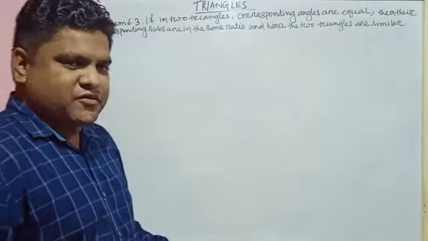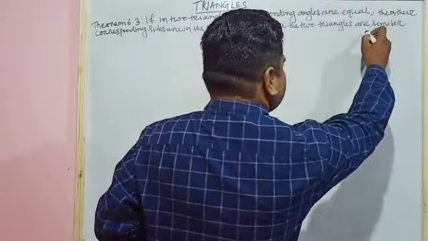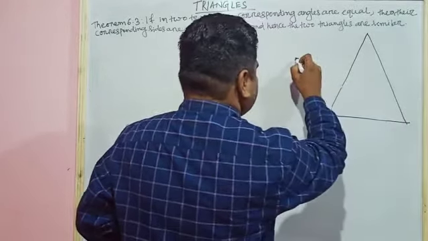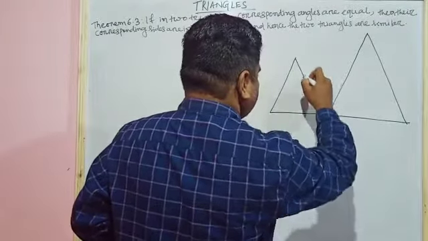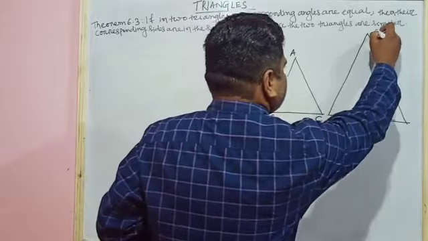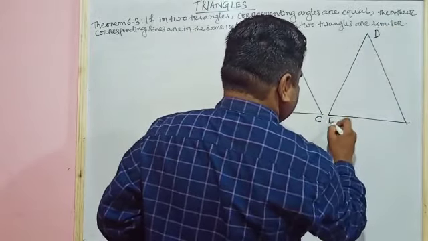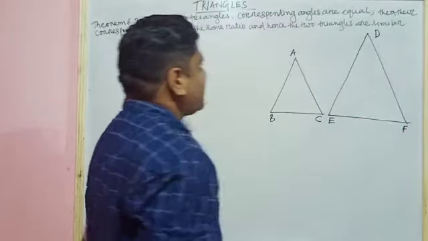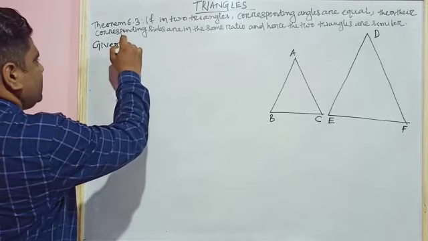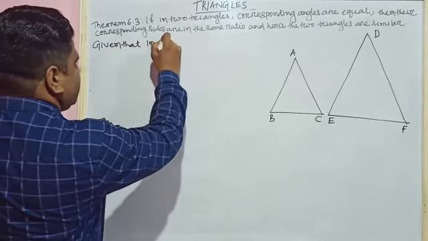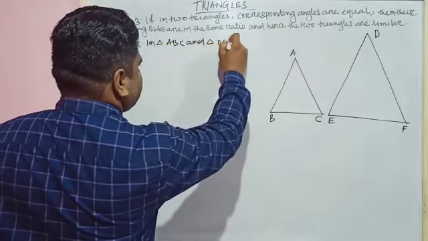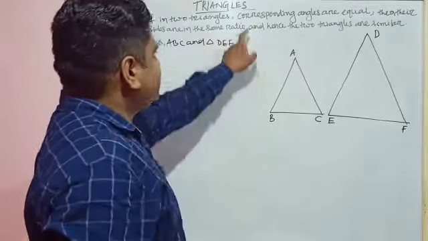For this purpose, we have to take two triangles, triangle ABC and triangle DEF. So we have to write, given that in triangle ABC and triangle DEF, the corresponding angles are equal.